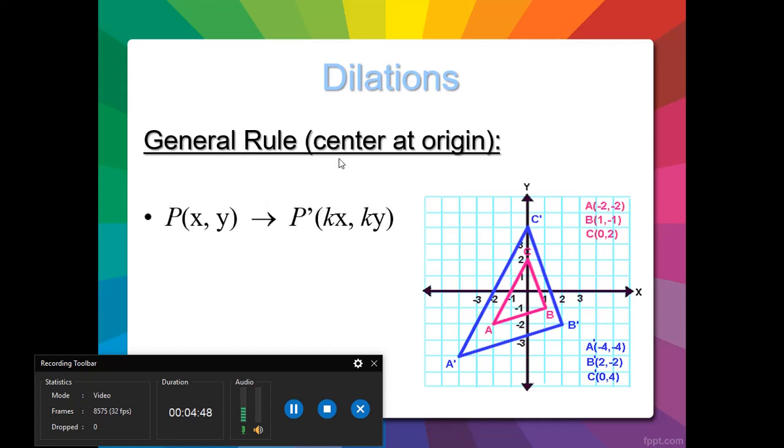If you are dilating about the origin, our general rule says you can take any point P located in the coordinate plane at (x, y). It will map itself to P prime. You're going to simply multiply the scale factor k by the x-coordinate and the scale factor k by the y-coordinate. And again, this has to be centered at the origin.